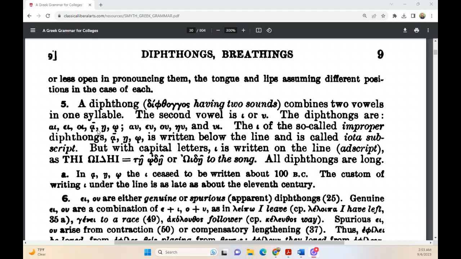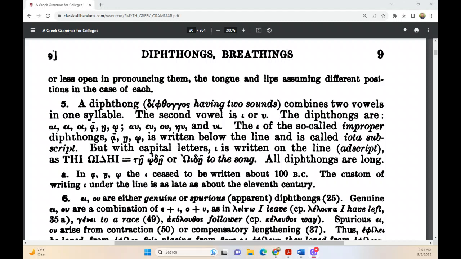Now, you may wonder, that doesn't seem to follow the definition of a diphthong. It says a diphthong combines two vowels in one syllable. Two vowel sounds, right? Diphthongos, two sounds. But these have only one sound. And the textbook explains here that they're called improper diphthongs.